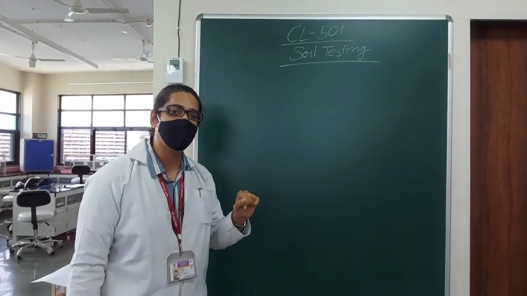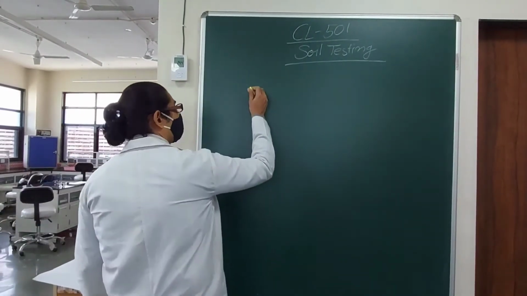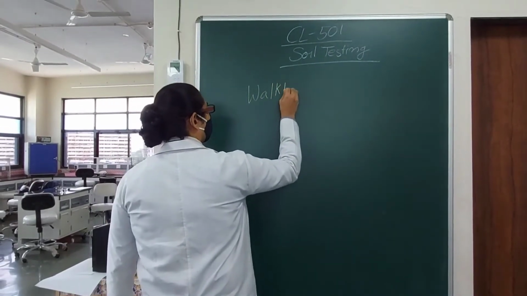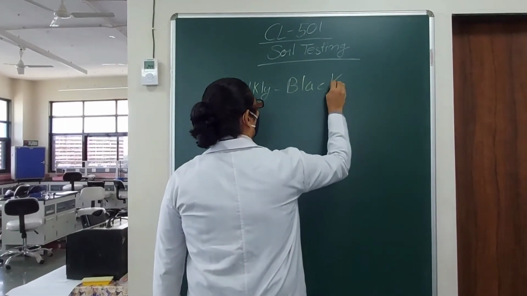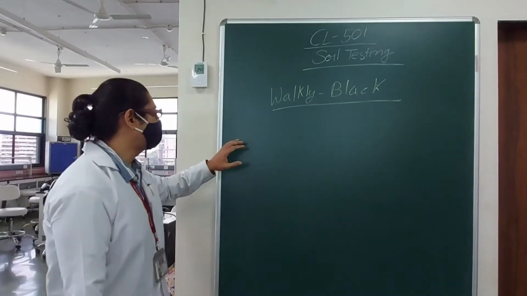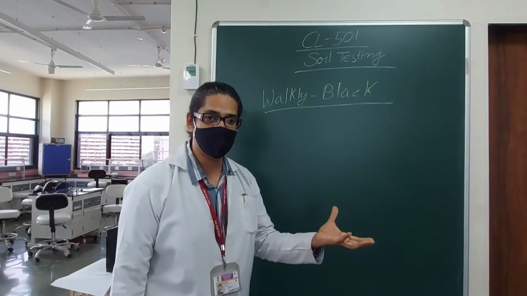Now how are we going to measure the organic content? We are going to measure the organic content by using the Walkley-Black method. Now what do you do here? You take the soil, let's say 5 grams of it.